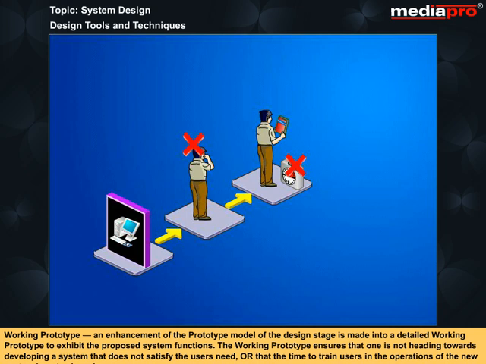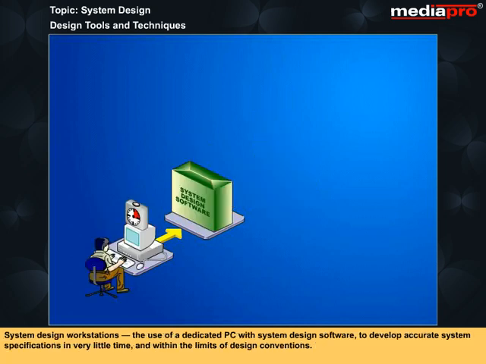The working prototype ensures that one is not heading towards developing a system that does not satisfy the user's need, or that the time to train users in the operations of the new system is not colossal. System design workstations. The use of a dedicated PC with system design software to develop accurate system specifications in very little time and within the limits of design conventions.